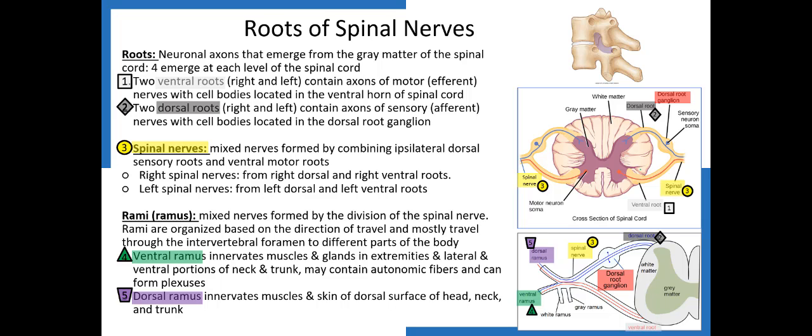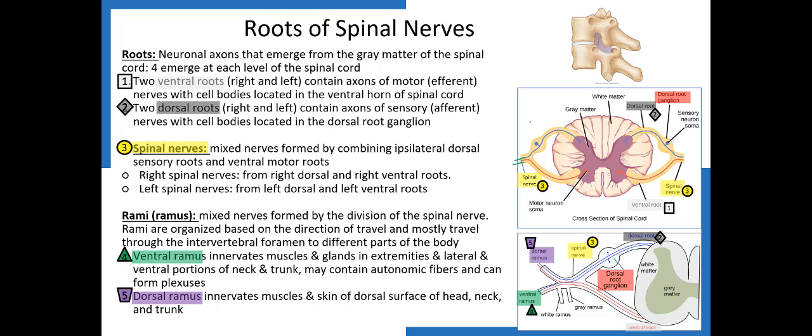Now, when the nerves emerge from the spinal cord, they eventually form what we know as the spinal nerve. If you look over here, the spinal nerve contains 2 different kinds of axons: motor axons as well as sensory axons.